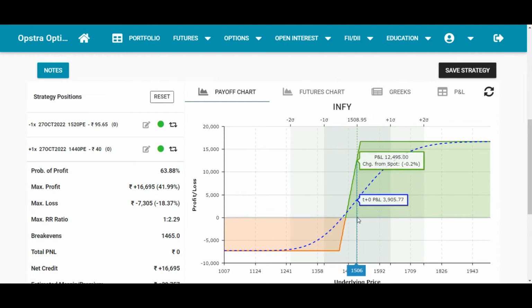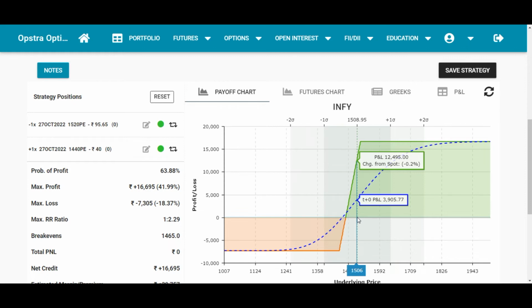Suppose if the Infosys stock expires at the price of 1508.95, then you will be making a profit of around 3,905 rupees. This is on the expiry.